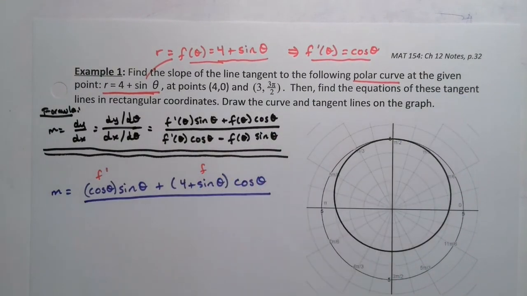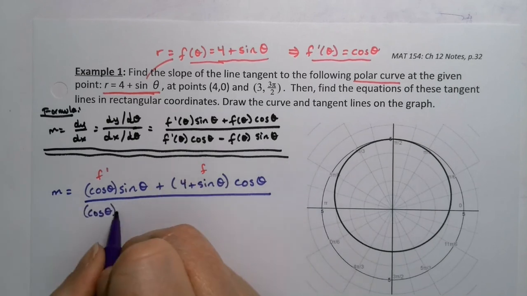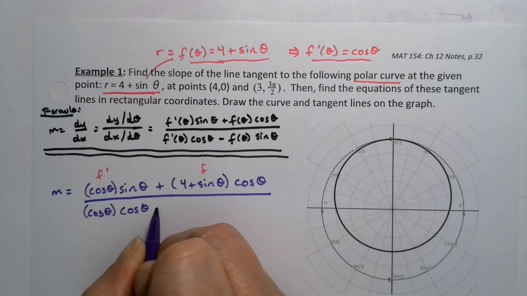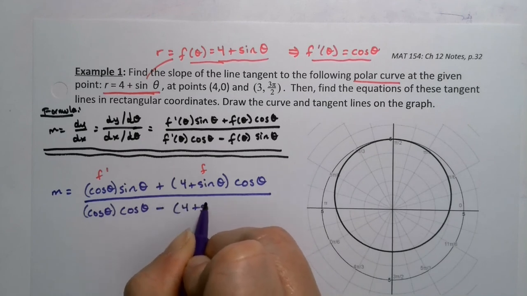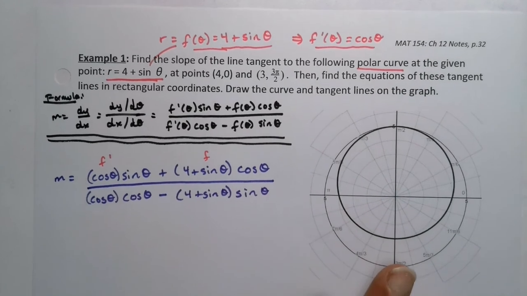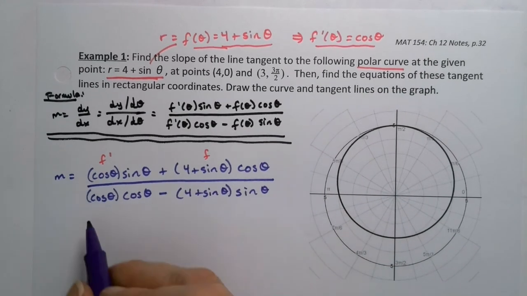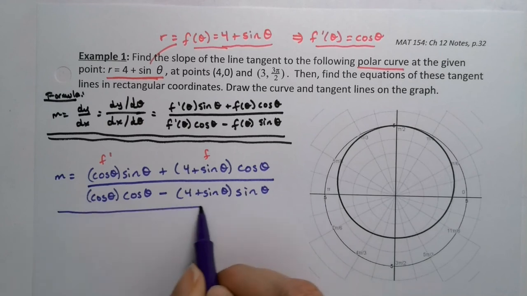And then I have to do it again: cosine of theta times cosine of theta minus 4 plus sine of theta times sine of theta. Okay, that's the slope.